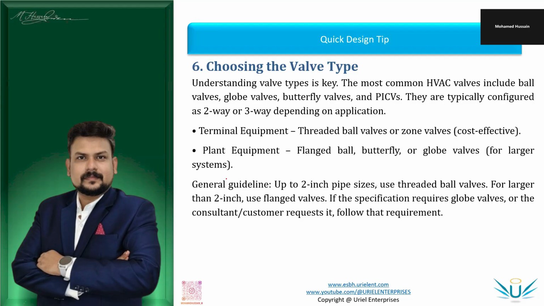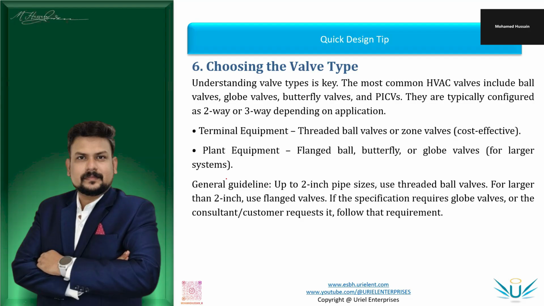If you are going for plant systems like boilers, chillers, and heat exchanger systems, then you can go for butterfly valves, globe valves, or flanged valves. These are the things you have to clarify first and differentiate yourself. These tips will be helpful, so fix them in your mind. For terminal equipment, as a default we go with the ball valve.